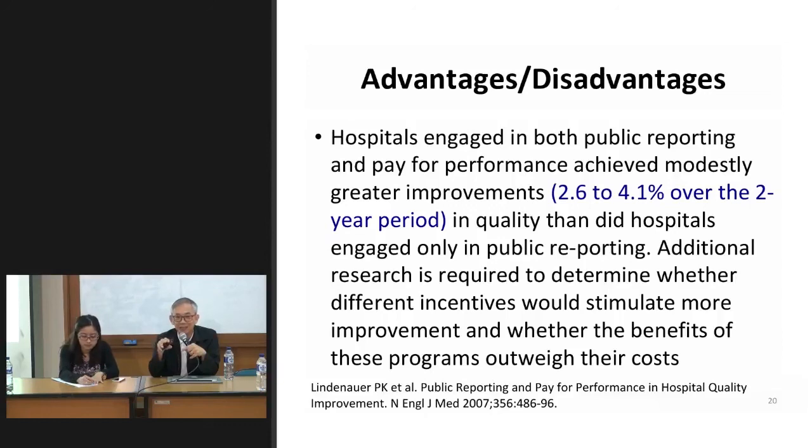So it said they achieved modestly greater improvement. Great or not great, modest or modest. It's very dubious, not so great at all. And it's only within 2 years. So it's a question whether this increase would outweigh the cost of doing the P4P.